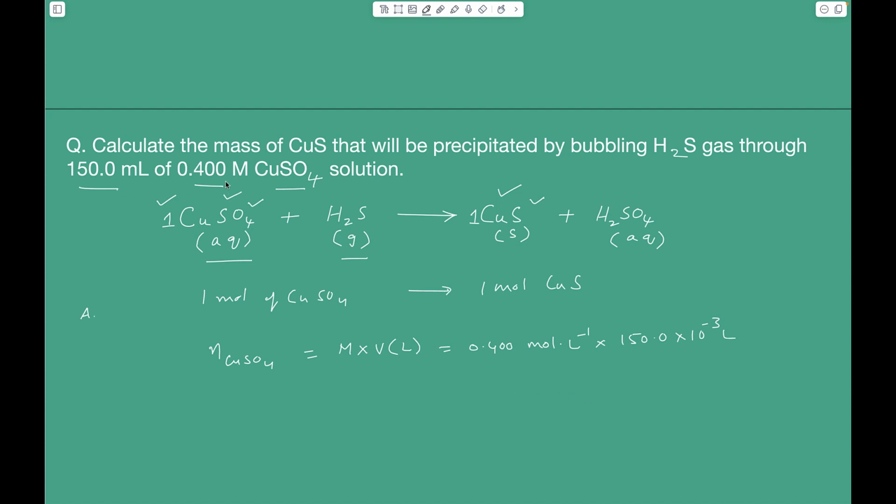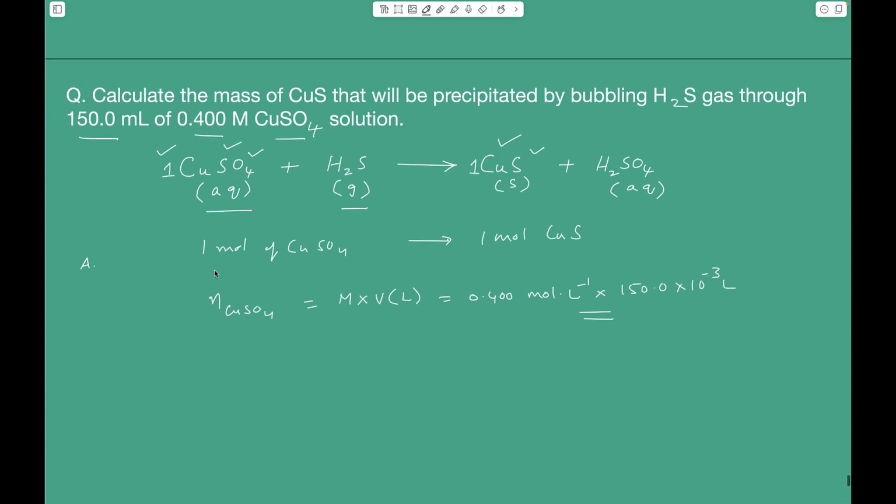So in the solution of copper sulfate taken, we have so many moles of copper sulfate. See, if you had 1 mole of copper sulfate, you would have got 1 mole of copper sulfide. If you have so many moles of copper sulfate, you will get the same number of moles of copper sulfide also. So this is also equal to the number of moles of copper sulfide.